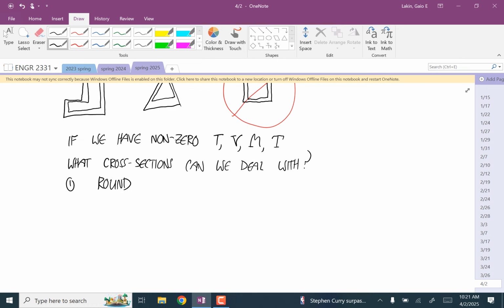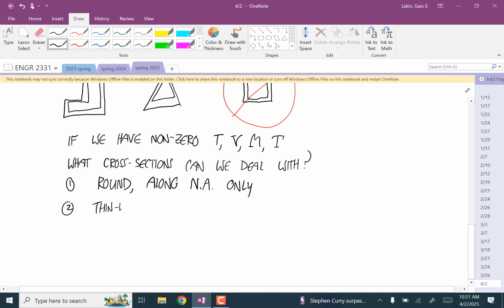So we can do round cross sections along the neutral axis. And we can do thin-walled rectangular.